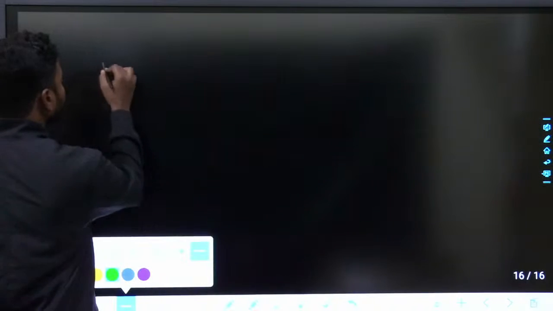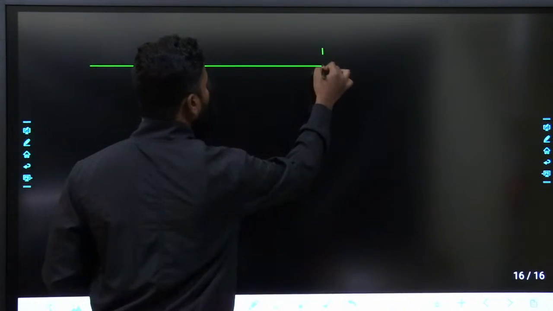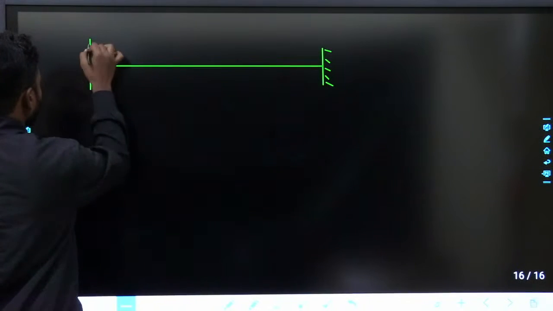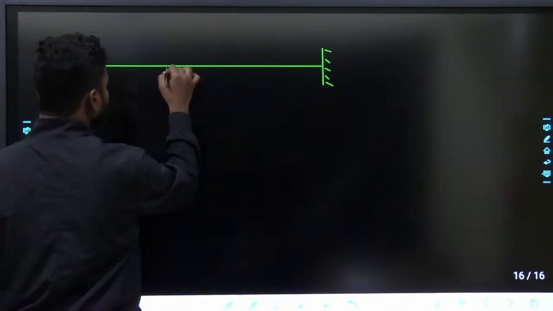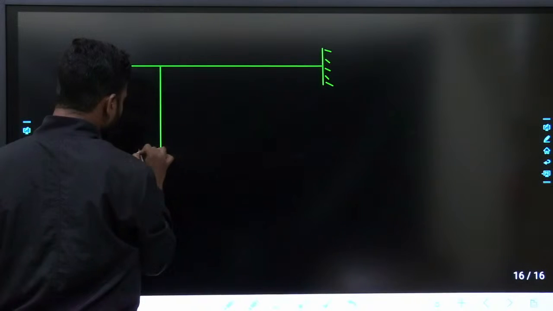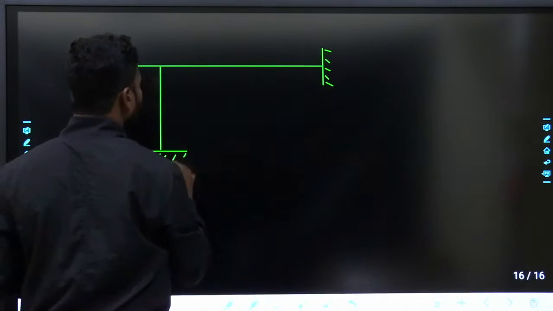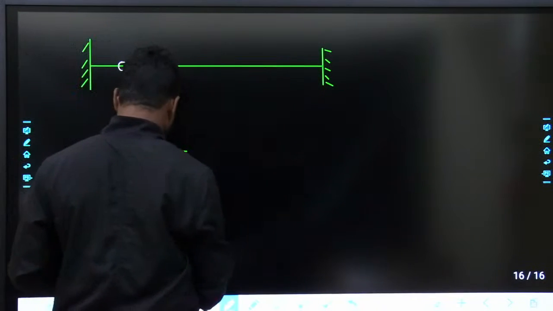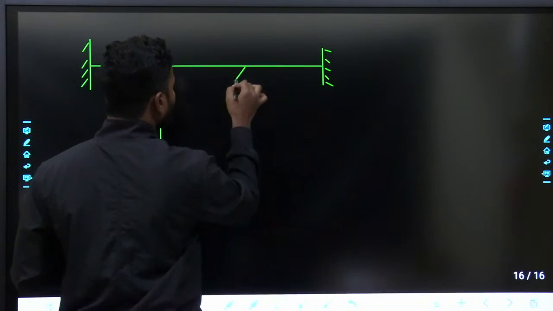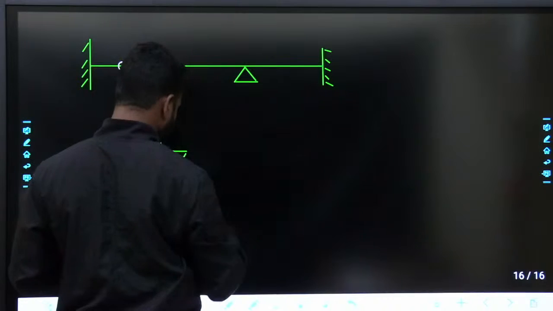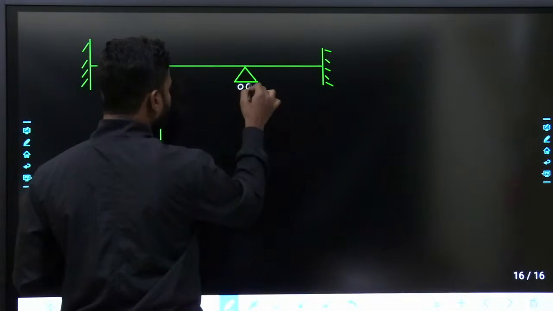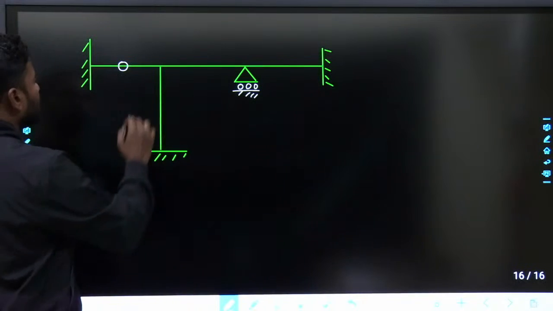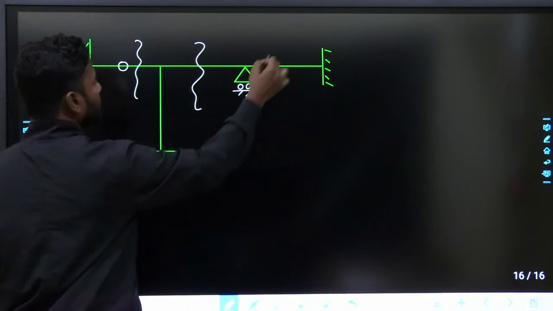If I try to draw it separately, find number of cuts: 1, 2, 3.